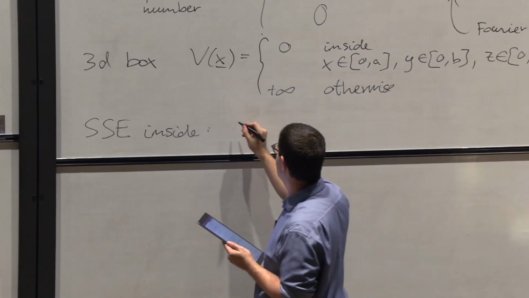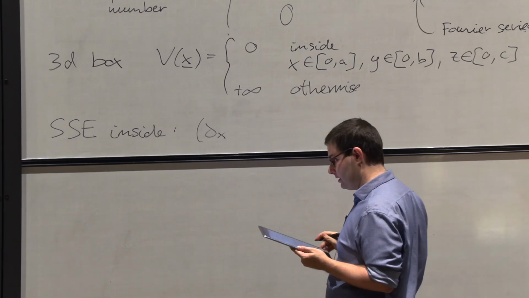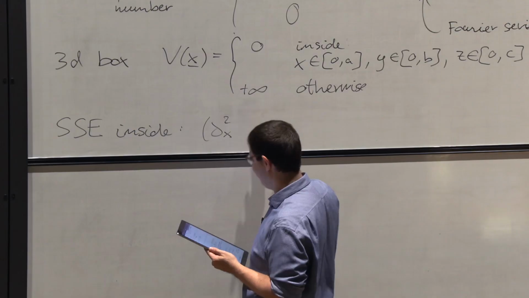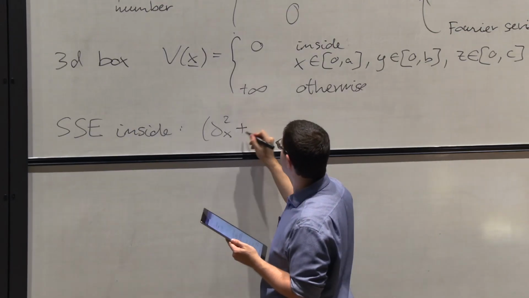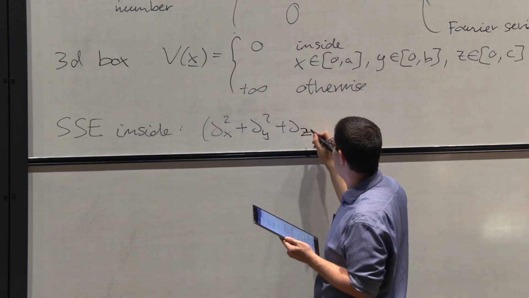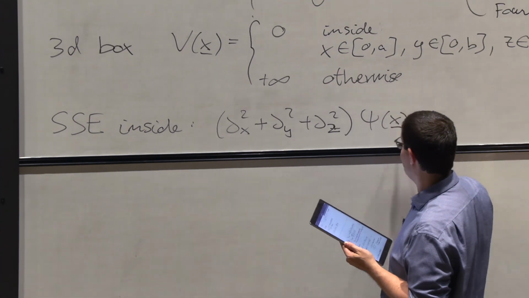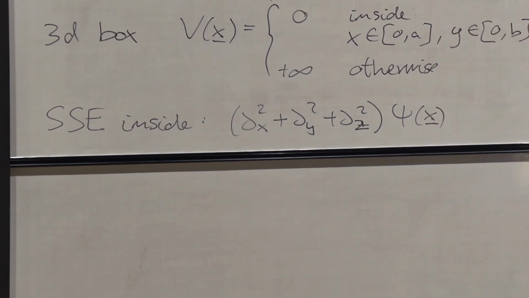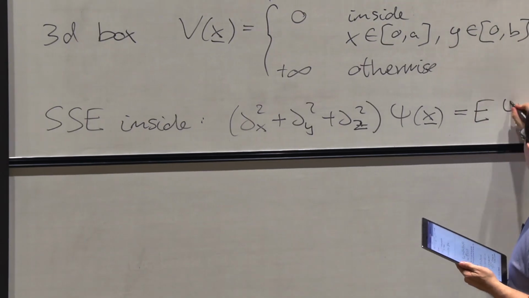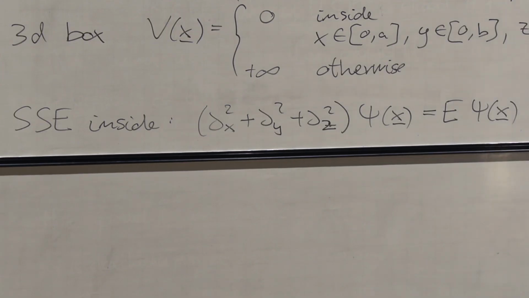So what's the Laplacian? I'm multiplying the whole equation with minus 2m over h bar squared to cancel. So the left-hand side is simply the Laplacian. d x squared, d y squared plus d z squared, right? That's the Laplacian in Cartesian coordinates acting on psi, which now is a function of all the 3 coordinates x, y, z, has to be equal to E times psi. So this is inside.